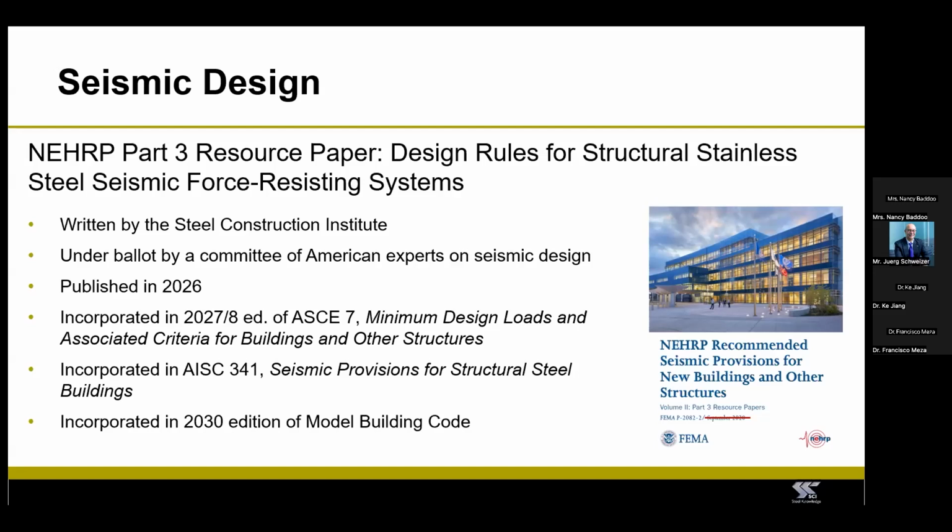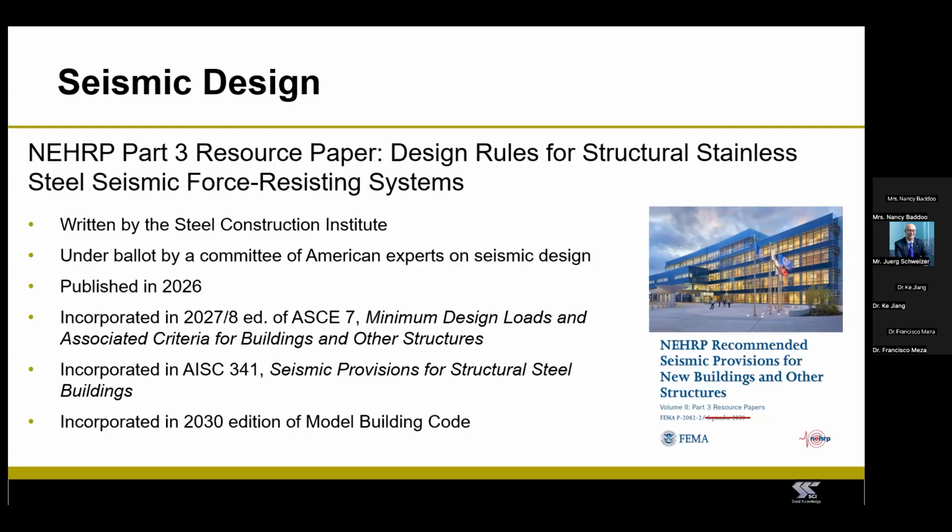You might be wondering, if the Japanese and the Chinese seismic design codes say that the rules for carbon steel should apply to stainless steel, why we don't say the same thing for the American code. One of the reasons is that the Japanese and the Chinese seismic codes are more conservative than the American code.